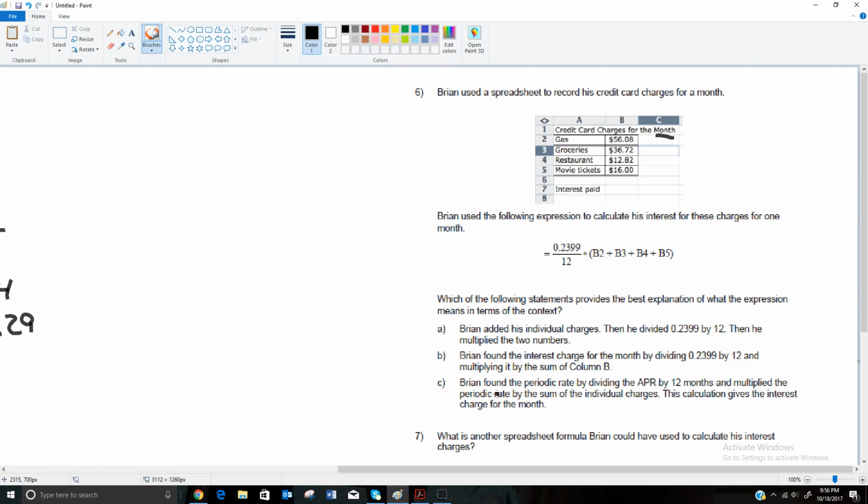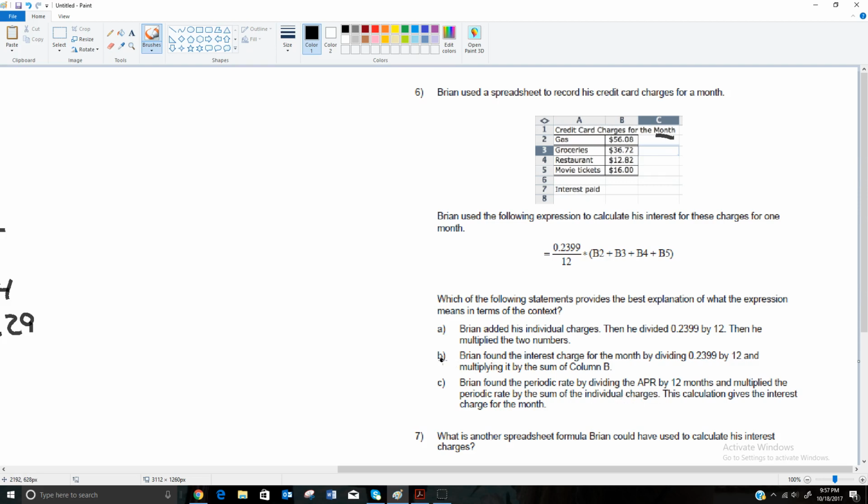So let's look at this. Brian found the periodic rate by dividing the APR by 12 months and multiplied the periodic rate by the sum of the individual charges. This calculation gives the interest charge for the month. Well, this is true also, but it says divided the APR by 12 months and multiplied the periodic rate by the sum of the charges. We're not getting any numbers in here.